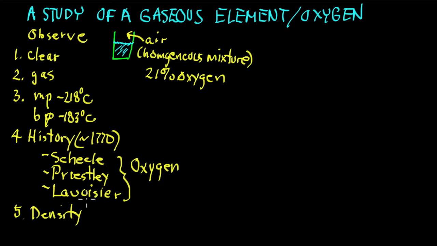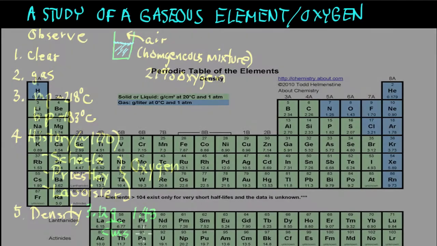Bromine is 3.12 grams per cubic centimeter. Now you're going to see, if you look for oxygen's density, you're going to see the number 1.43. And I'm going to stop right there. 1.43. Now let's put up the chart.